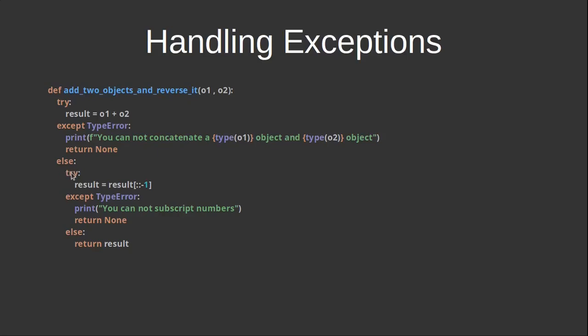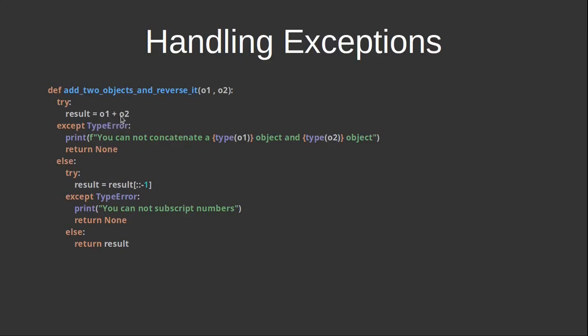Otherwise, we will implement another try except block, but before explaining what we do in this second block, let me explain what kind of objects can we add. We can concatenate strings, we can concatenate tuples, we can concatenate lists, but we can also add numbers.